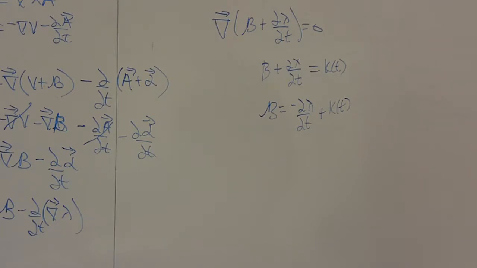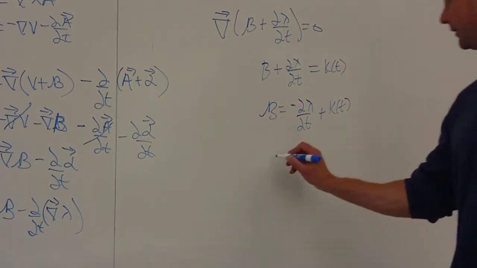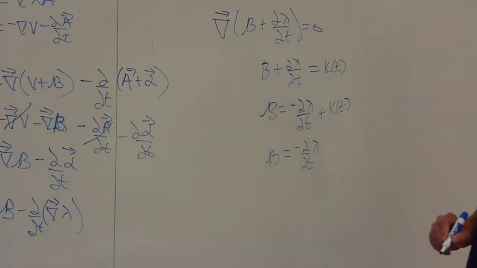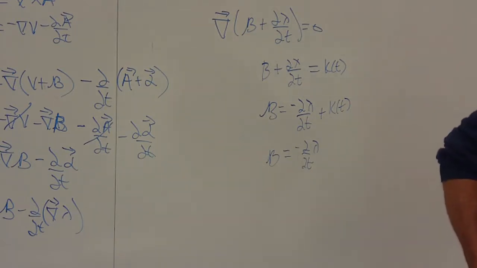So A prime is A plus the gradient of lambda, and V prime is V minus the time derivative of lambda. The final conclusion is that beta equals minus the partial with respect to t of lambda. I haven't explained that one part in full detail.